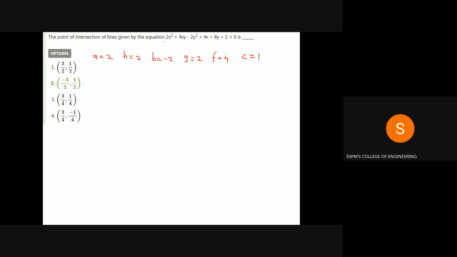So this is the equation: ax square plus 2hxy plus by square plus 2gx plus 2fy plus c is equal to 0.